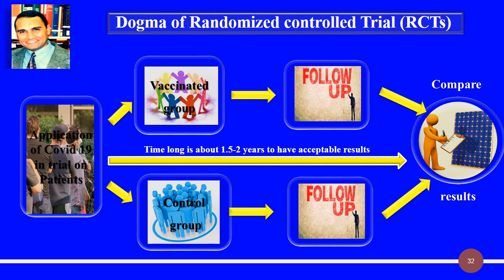Then we divide these patients into 2 groups, vaccinated group and control group. The vaccinated group takes the vaccine, the control group has a placebo. Then compare the results between the vaccinated group and those from the control group which took the placebo.